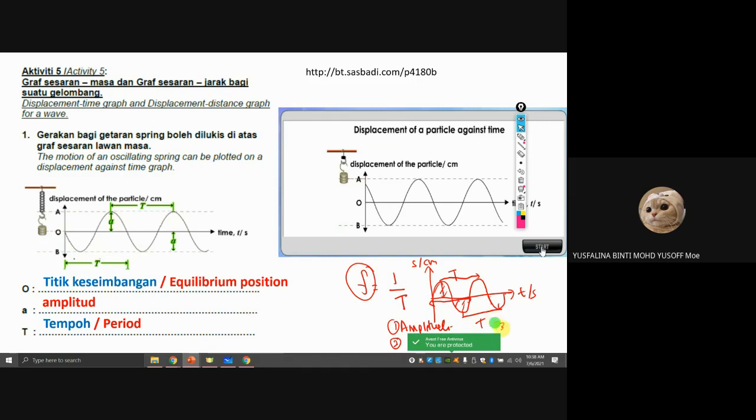Then how about the frequency? You already know the period, so you can find the frequency. So that is for the first graph, displacement against time. Three pieces of info you can get: amplitude, period, and frequency.